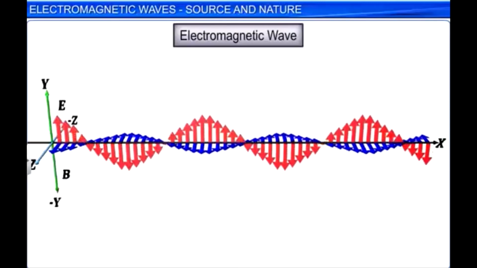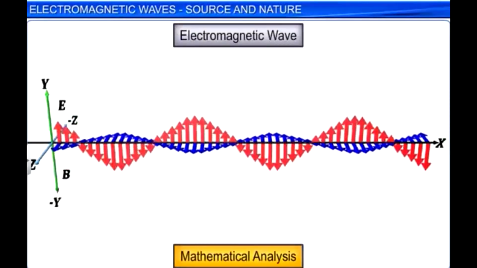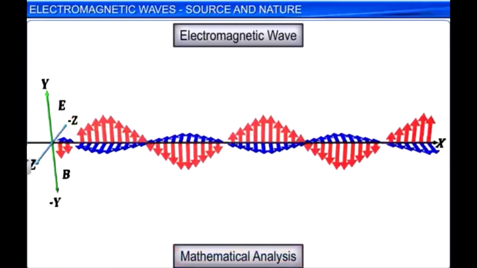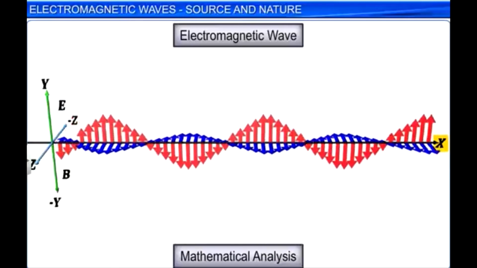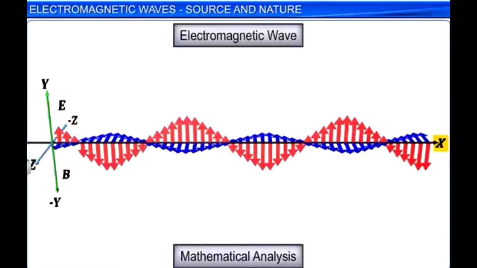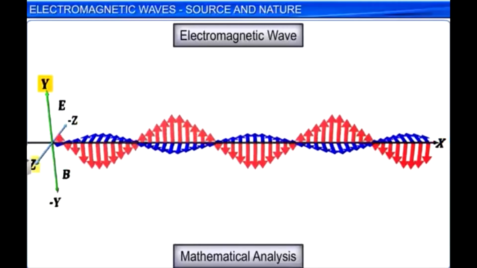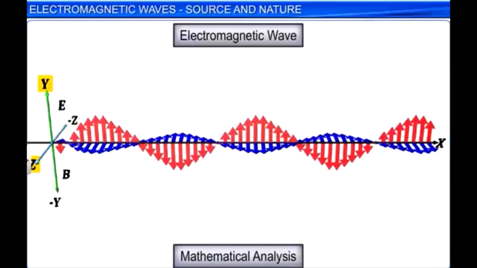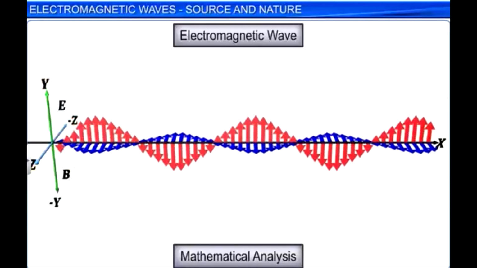Now, let us discuss the mathematical analysis of the electromagnetic wave. As the wave propagates in the direction of the x-axis, the electric and magnetic fields oscillate along the y-axis and z-axis respectively. These fields vary sinusoidally along the x-axis with respect to time.